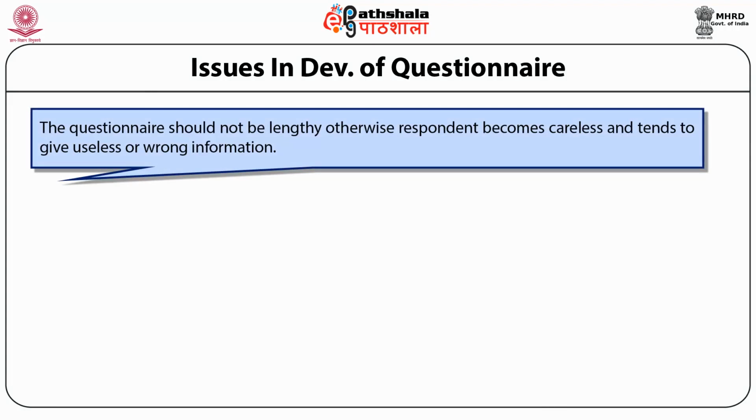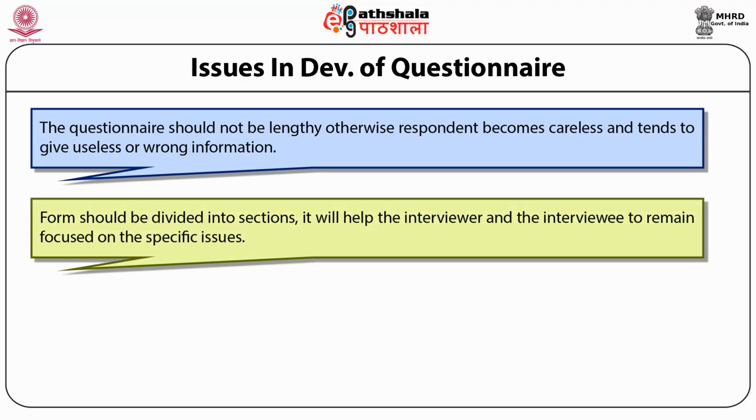The questionnaire should not be lengthy, otherwise the responder becomes careless and may give useless or wrong information. The form should be divided into sections, that is called the structured method. It should help the interviewer remain focused on specific issues and hence the specific objectives.